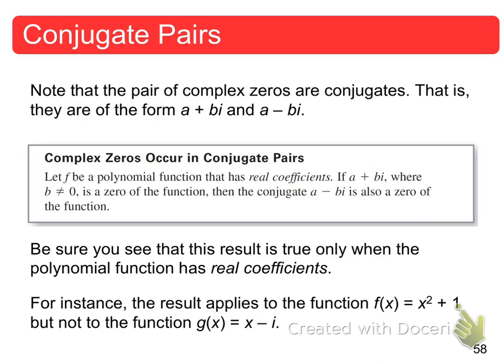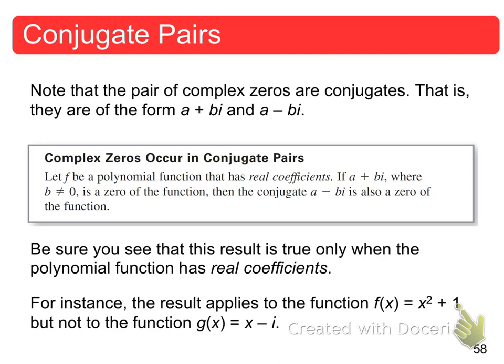That's called a conjugate pair. Now, it's super important that you realize you always have conjugate pairs when we've got complex solutions. It is impossible for you to have i times the square root of 3 without having negative i times the square root of 3.